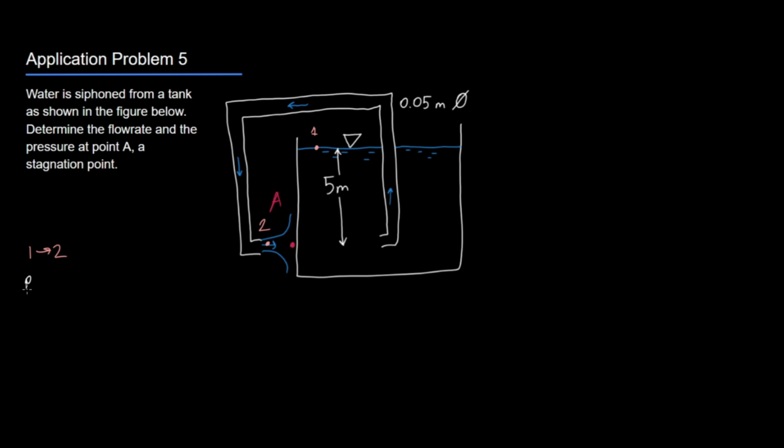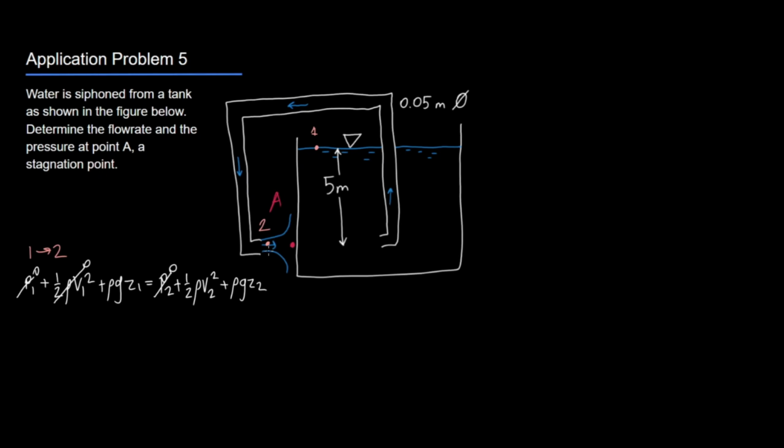So we have P1 plus 1/2 rho V1 squared plus rho G Z1 is equal to P2 plus 1/2 rho V2 squared plus rho G Z2. So first of all, the pressures are atmospheric, so P2 is 0, P1 is 0. Then for point 1, there is no velocity, so that kinetic energy term goes to 0.